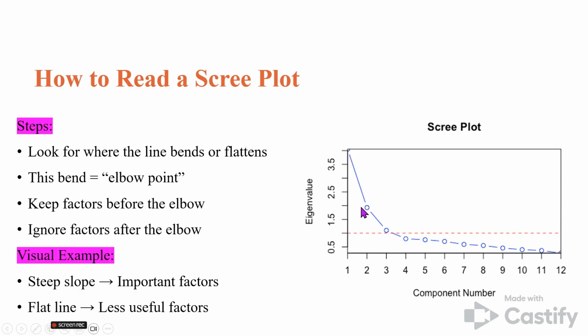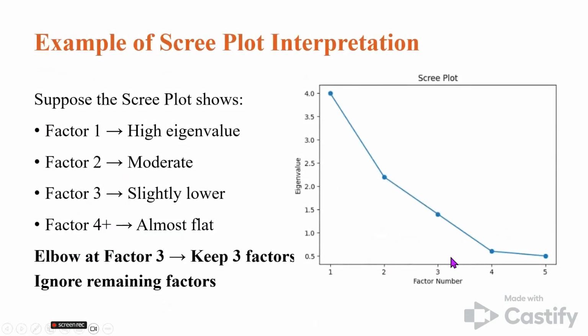They can be taken during data analytics, but the values after the elbow point or less than 1, which create a very flat line over here, cannot be considered, and they can be ignored later on. There is a steep slope here, a significant drop. So these two factors are important, but the factors which are less useful are ignored in the flat line here also.